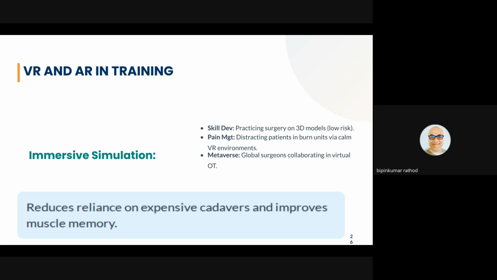In the metaverse, it's very interesting, lots of people can view one complex surgery together. It even goes into a million. One doctor I know in the UK performed a surgery and it was webcast live on Facebook. You can view the actual surgery happening. So this is how we can create scale.